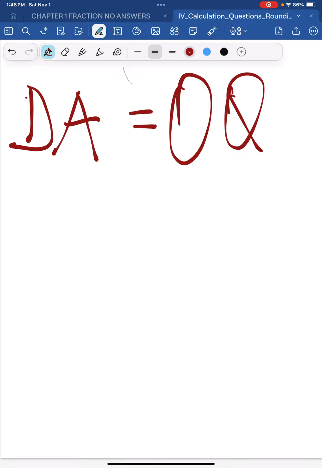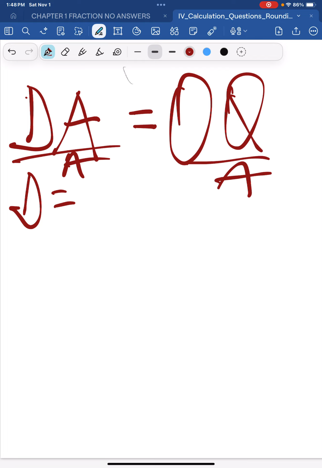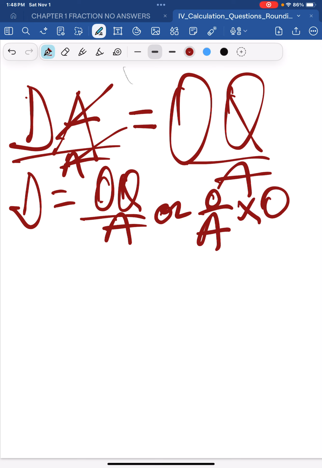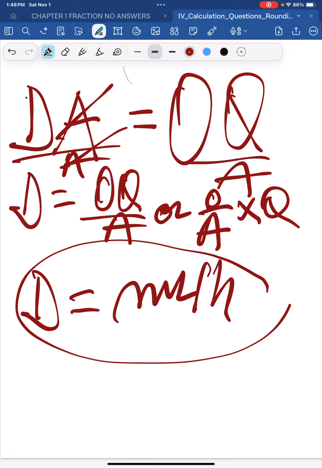Now, if you're looking for dosage, you divide both sides by available. The available on that side will cancel out. So we're going to have dosage equals order times quantity divided by available, or order divided by available times quantity. All right? Sometimes, when you come to infusion rate, anytime you're looking for milliliter per hour, you are looking for your dosage.